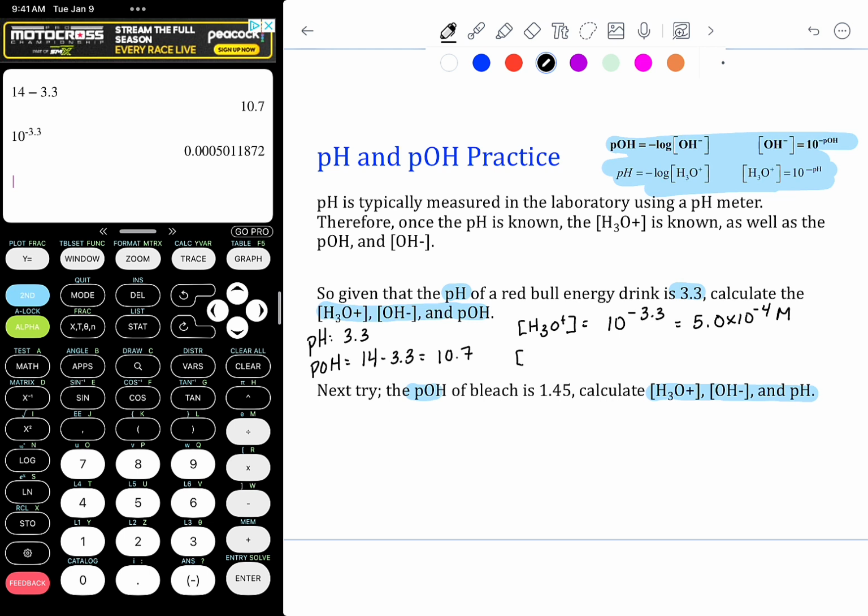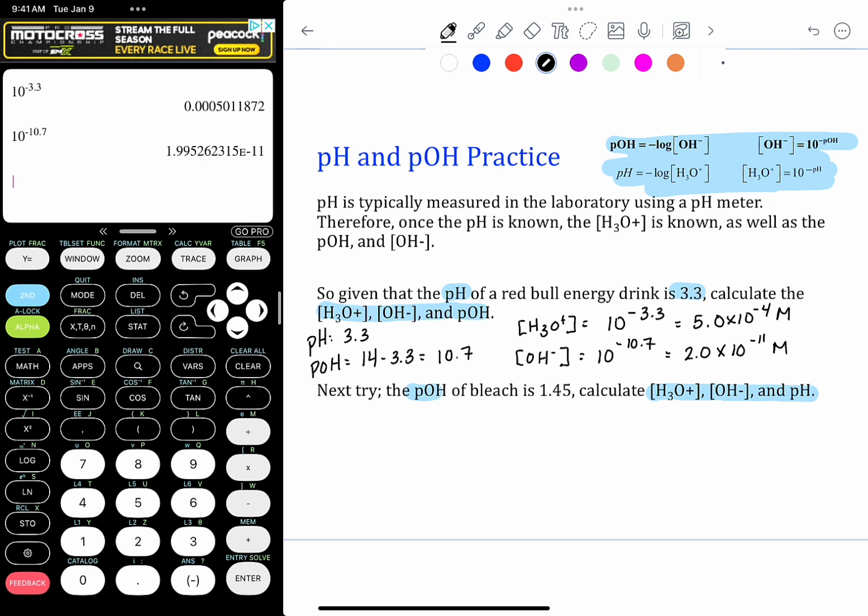So we could do it, OH minus is equal to 10 raised to the negative 10.7, which gets us, let's just call it 2.0 times 10 to the minus 11 molar.